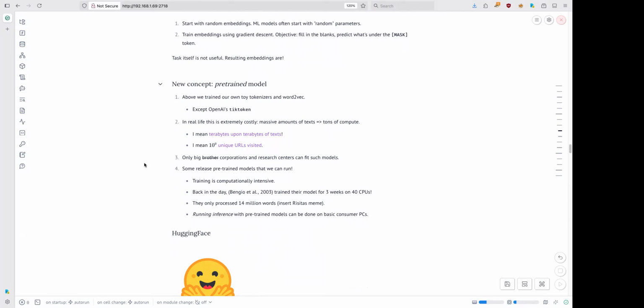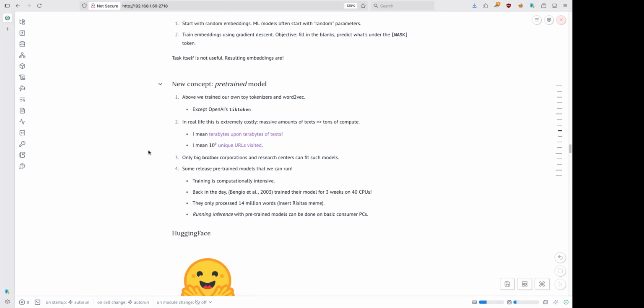But training models on really serious big data sets is really costly. You need GPUs, you need massive computing power. And you can click on these links and see that actual data sets used for training language models contain terabytes upon terabytes of text scraped from the internet.